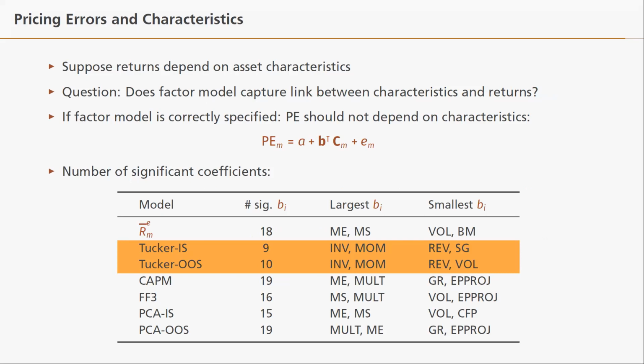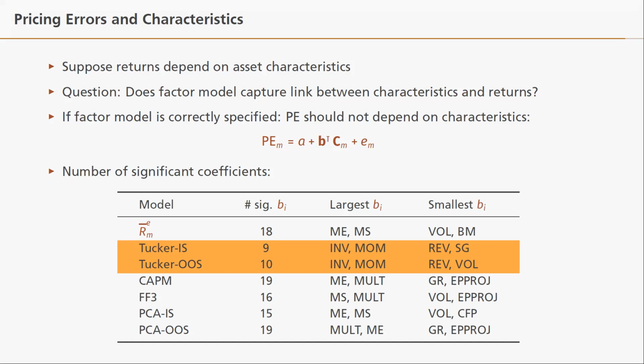So if you regress pricing errors on the characteristics, this B ideally should be 0 for all characteristics. Now, if I do this for average returns, 18 of these B's are significant. So 18 characteristics are linked to returns. For the Tucker pricing errors, it's 9 or 10.